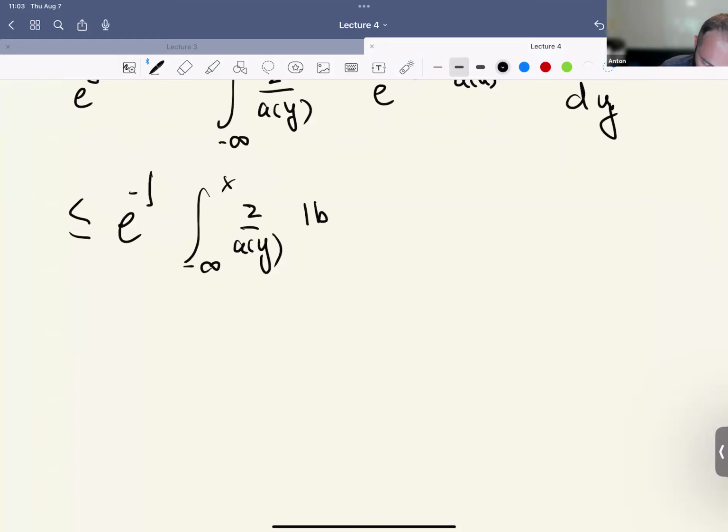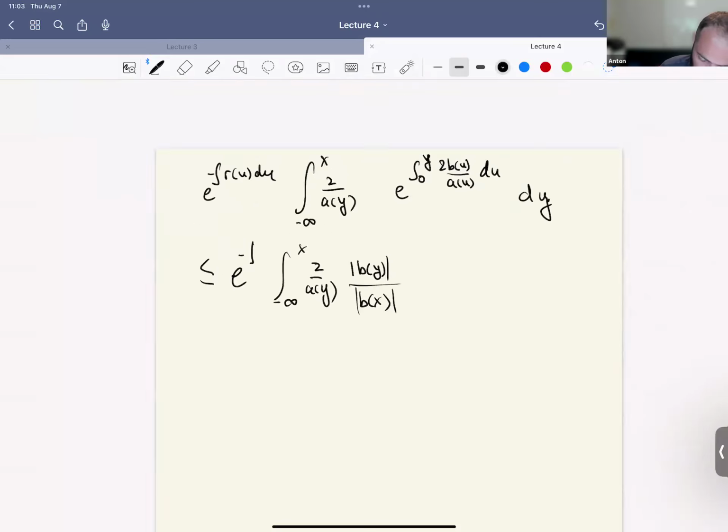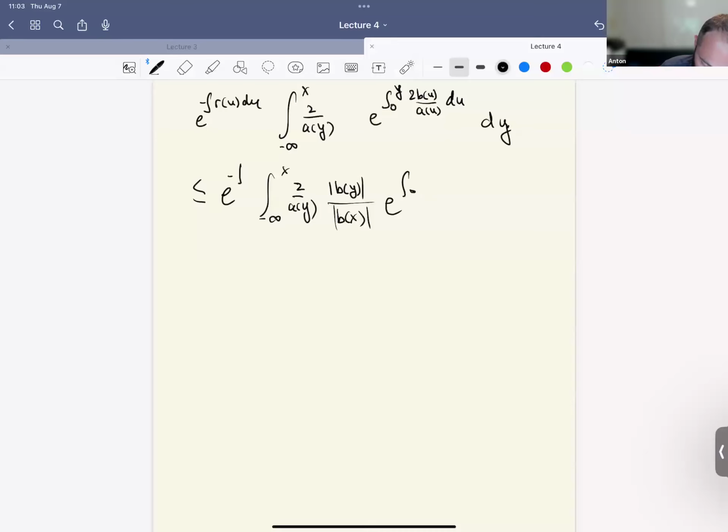We have b of y over b of x, e to the integral 0 to y of 2 b of u over a of u du dy. Okay, this makes sense, right? Basically, we're using the same trick as we did for the normal distribution.